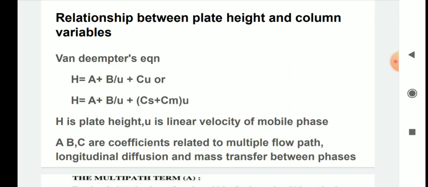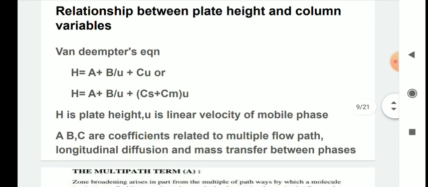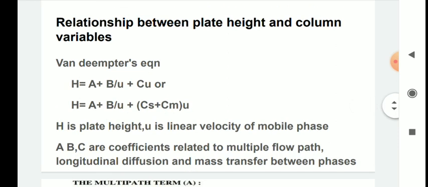So you have to create conditions so that A, B by U and Cu are very low. Then only your H value will be lower and the plate number will be higher and the column efficiency will be more.